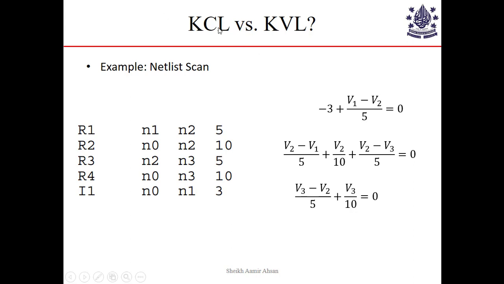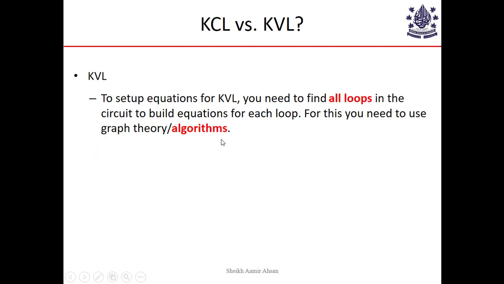Okay, this is if you use KCL. Now if you want to do the same analysis using the KVL approach, note that KVL relies on the mesh analysis done for all loops. You have to find loops within the circuit.